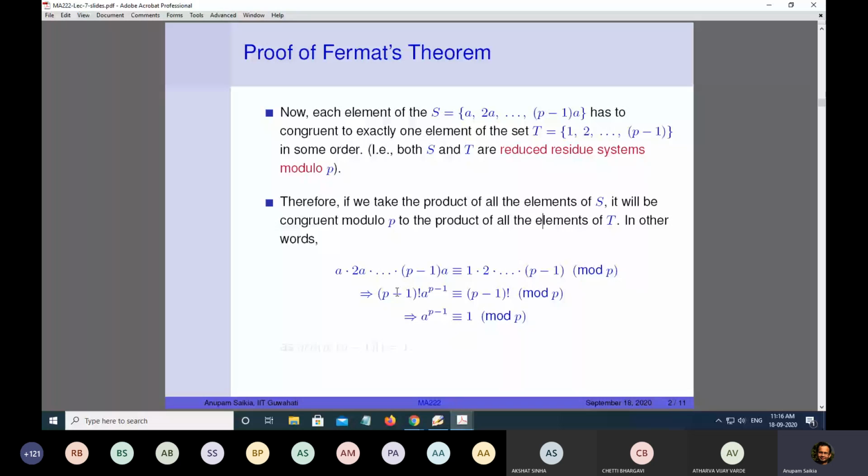And what is the good thing about p minus 1 factorial? It is coprime to p, because it is the product of all integers strictly less than p. So when the coefficient and the modulus are coprime, it can be cancelled off, and I get this. So that's how we prove Fermat's little theorem.